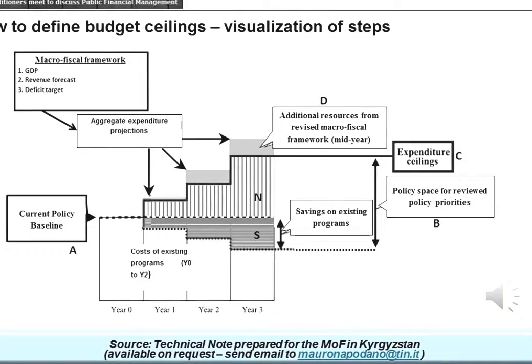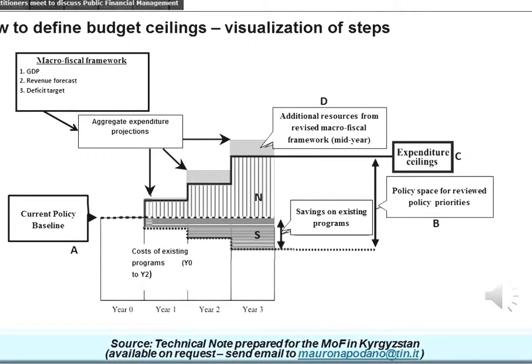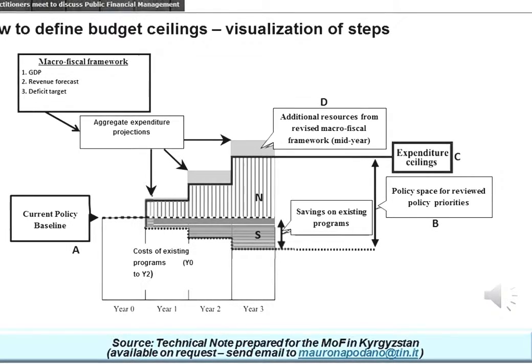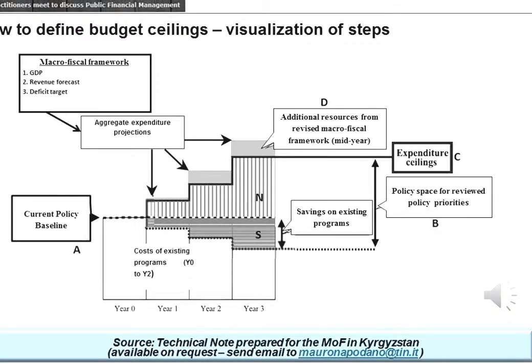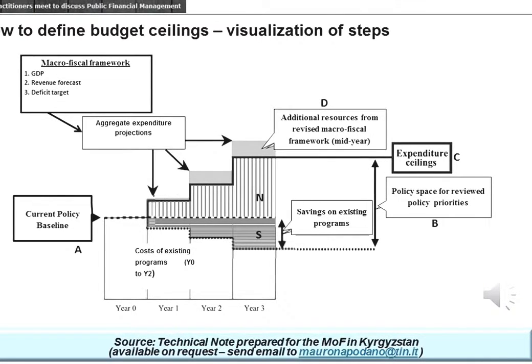This is clearly a simplification of the process that requires a series of elements in place in order to be successful. First of all, a set of sector strategies and a capacity of line ministries to review those strategies in the context of spending, the so-called annual spending reviews.